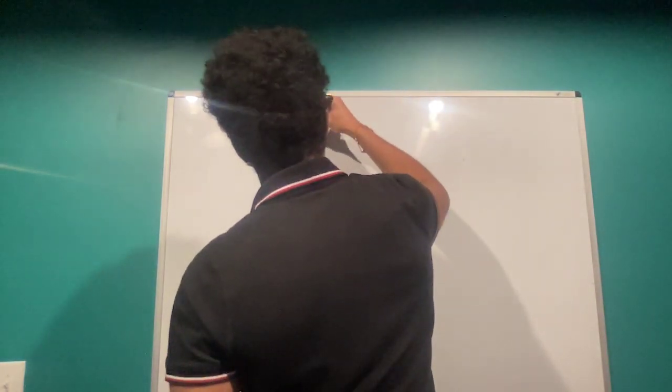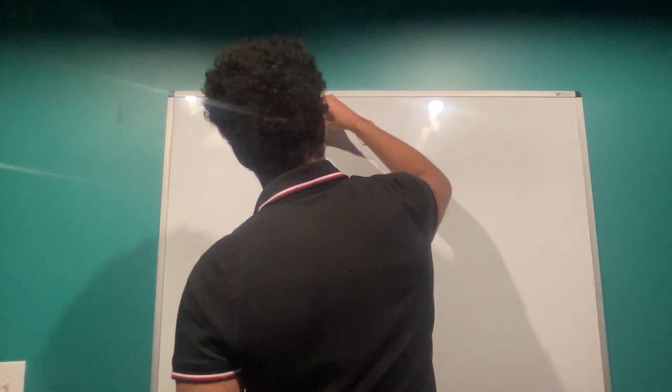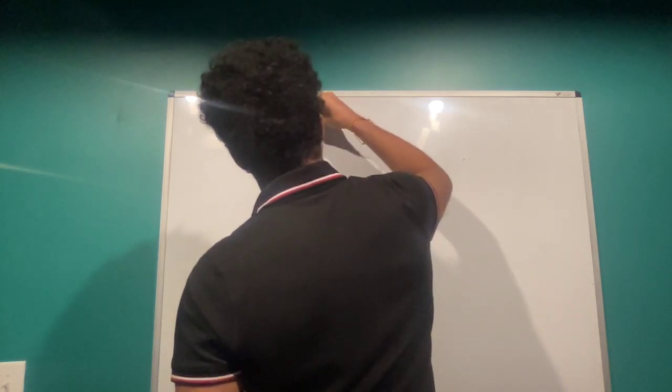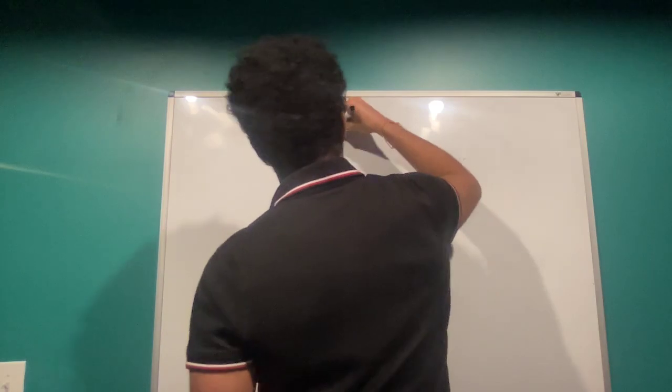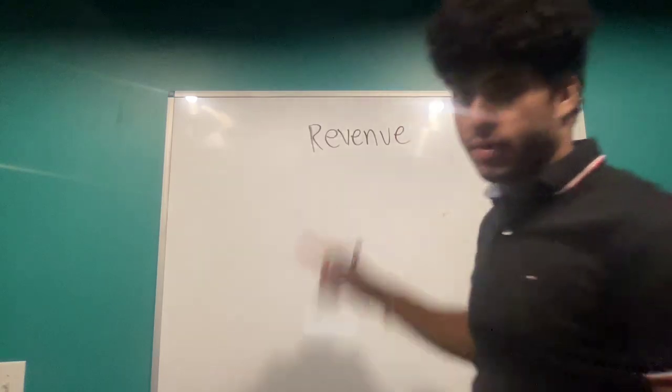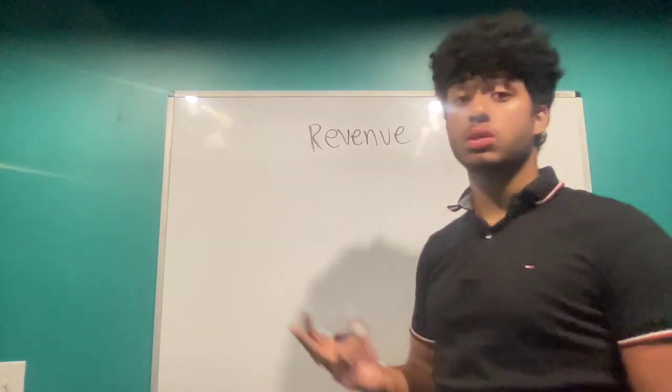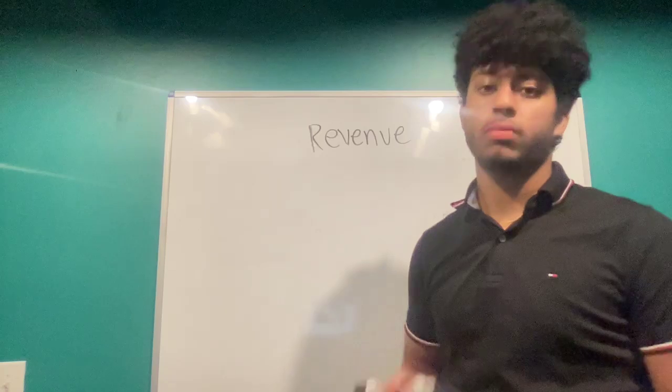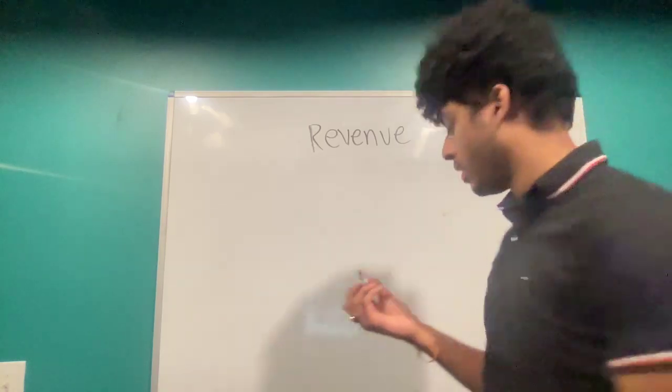So let's give a high-level overview of the process and how to go from revenue to free cash flow. First, start with, obviously, revenue. And again, this is simply just the money that a company is making from selling its good or service, right?